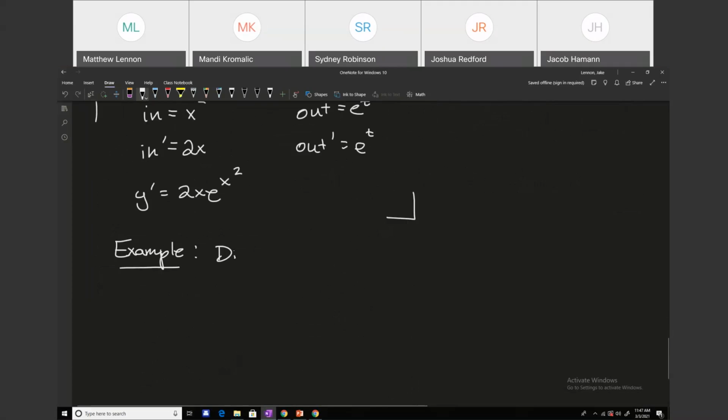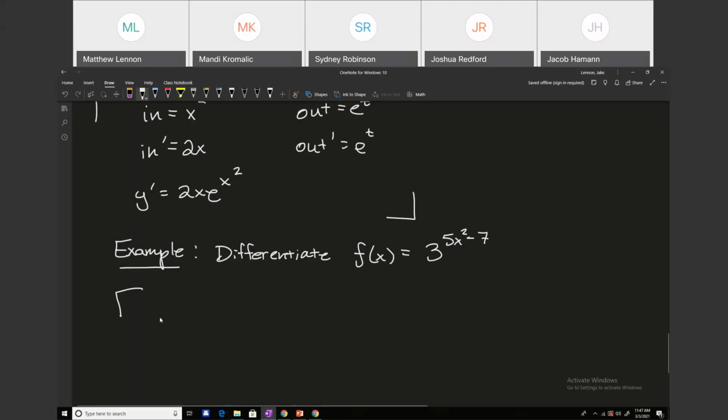So differentiate. Let's do something a little different, maybe even than that. Let's say f of x is 3 to the (5x squared minus 7).